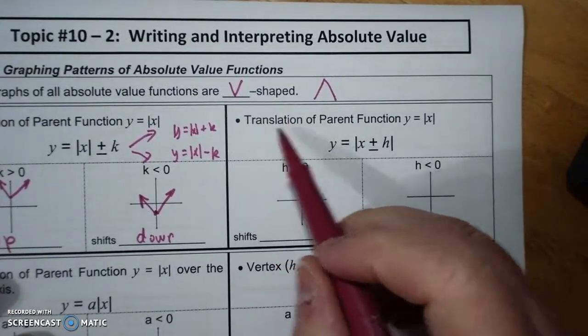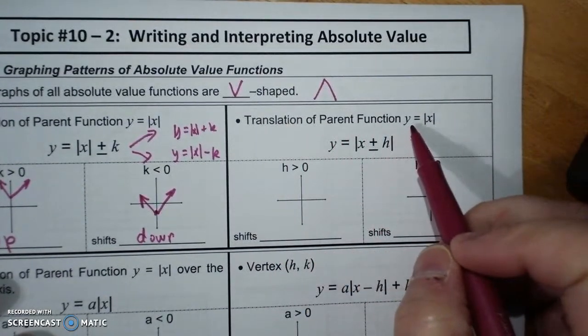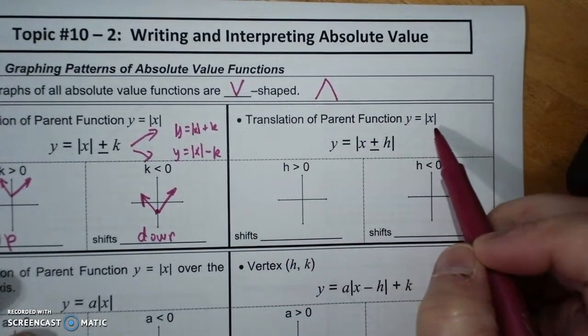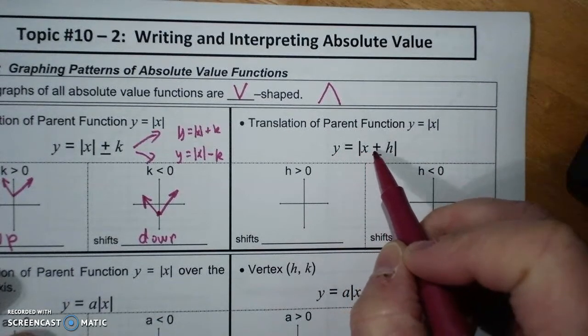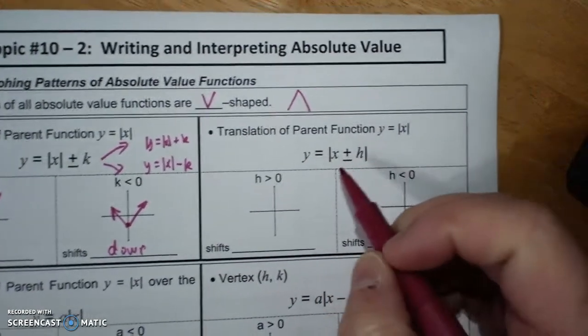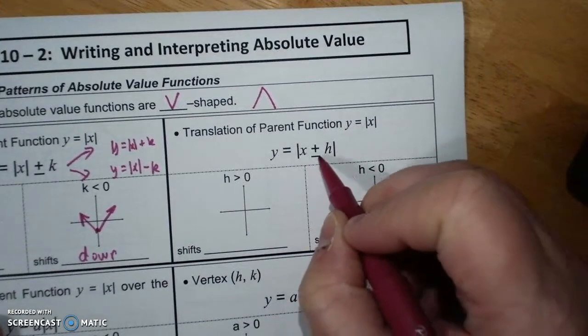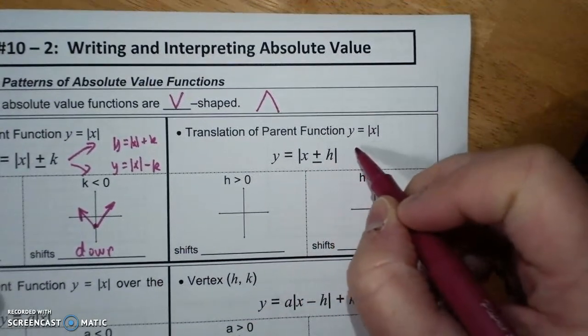Then we start back again with the translation of the parent function y equals the absolute value of x. When y equals the absolute value of x plus or minus h, notice it's inside the absolute value.